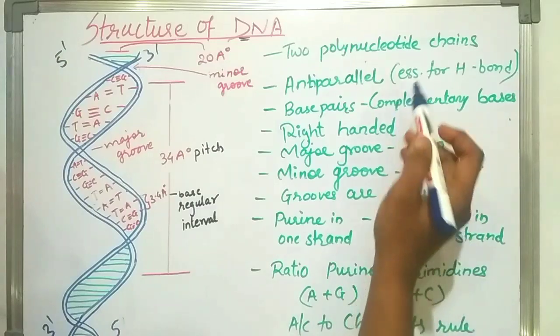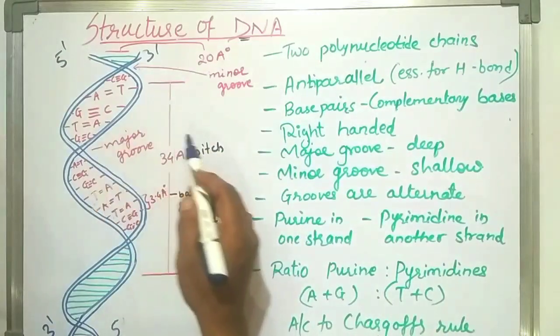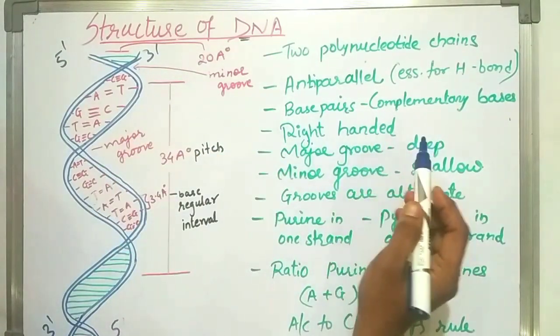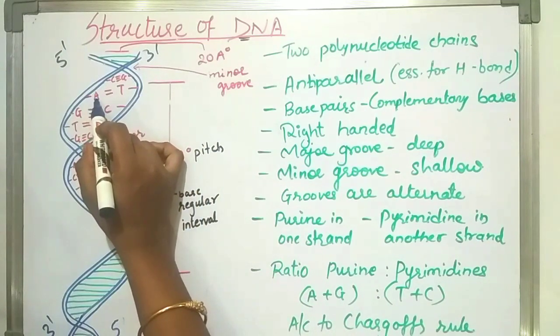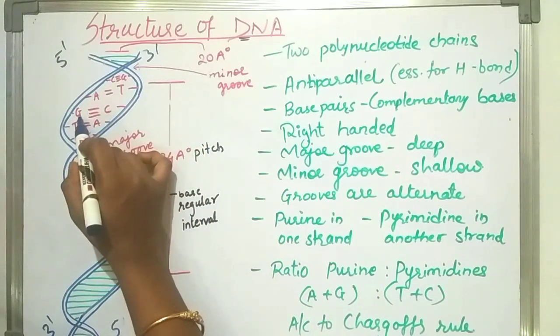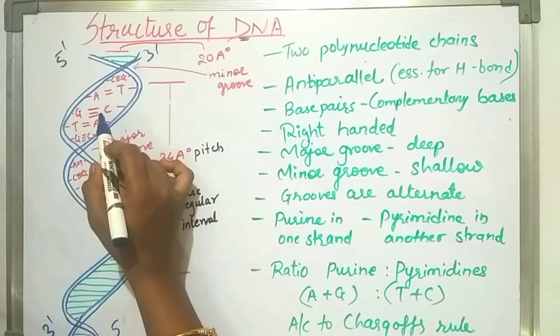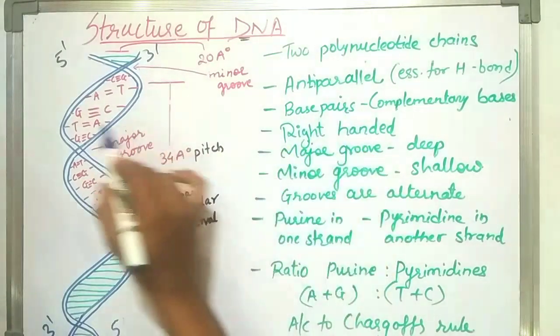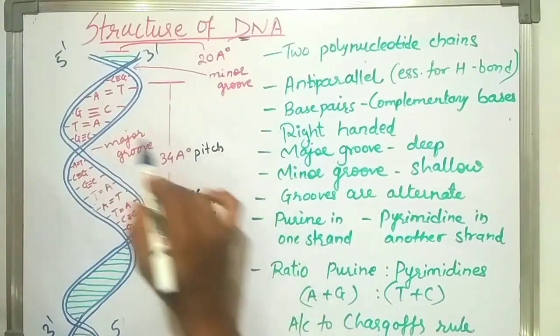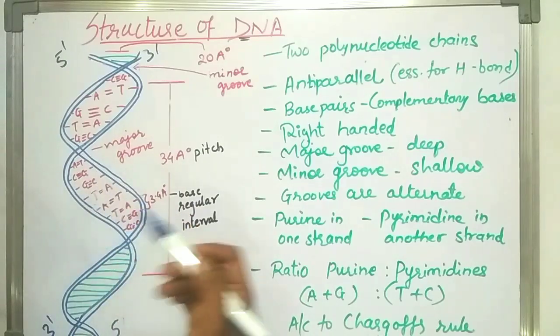Anti-parallel nature is essential for the hydrogen bonding between bases. So the base pairs are complementary. Adenine pairs with thymine, guanine pairs with cytosine. That's why it is called complementary base pairing, and it is a right-handed helical structure.